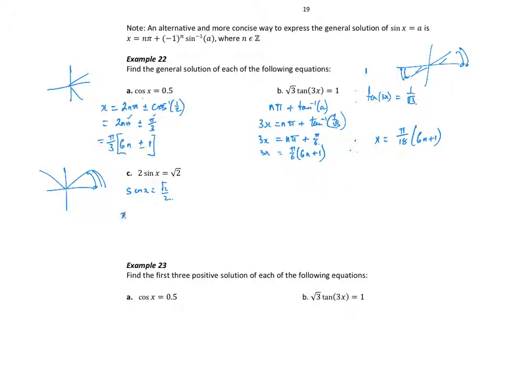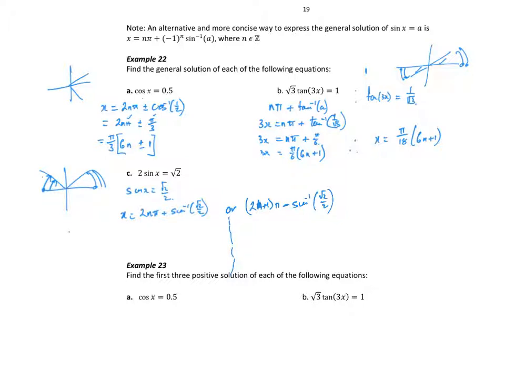So the angle x is equal to some 2n pi plus sine inverse of root 2 on 2, or I've got pi minus, 3 pi minus, 5 pi minus, or I get the odd value, which is 2k plus 1, I'll put an n there, 2n plus 1 pi minus sine inverse of root 2 on 2.